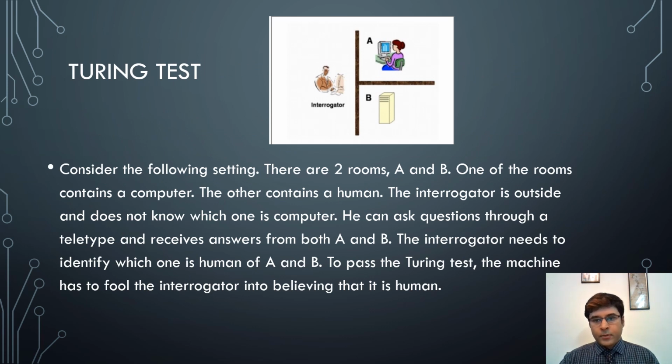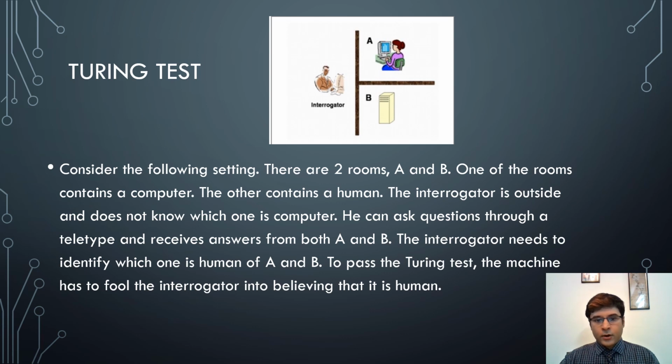So this slide is about the Turing test. It is named after a famous computer scientist and mathematician Alan Turing. The Turing test considers the following setting. There are two rooms A and B. One of the rooms contains a computer and the other contains a human.